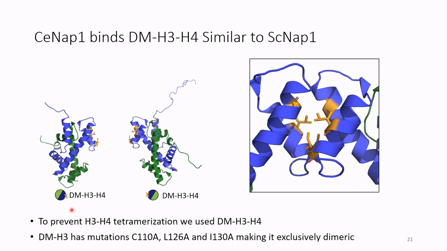We call this H3H4 mutant DM H3H4, or dimeric mutant H3H4. We then perform SEC-MALS experiments similar to previous and see the oligomerization and the stoichiometry of the Nap1 DM H3H4 complexes.